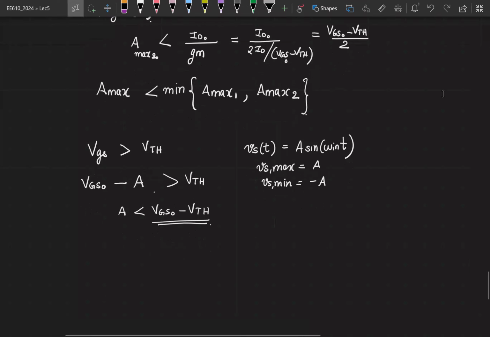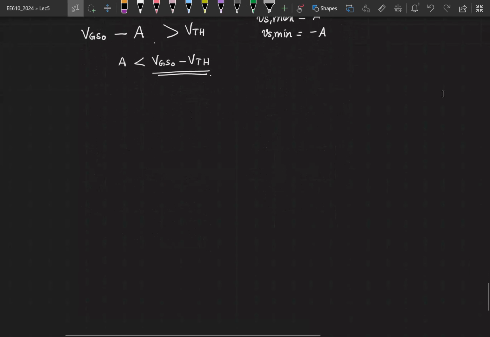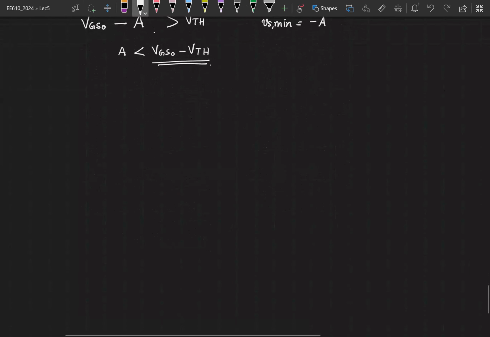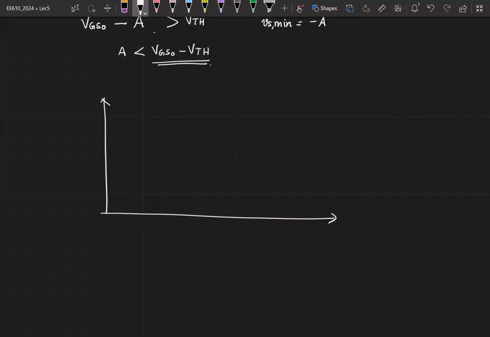So let me explain this. If I look at our drain current versus VGS plot, how does the curve look? Till VT, there is no current. And beyond this, it looks like a parabola. I'll assume that we are still working only within the saturation region.